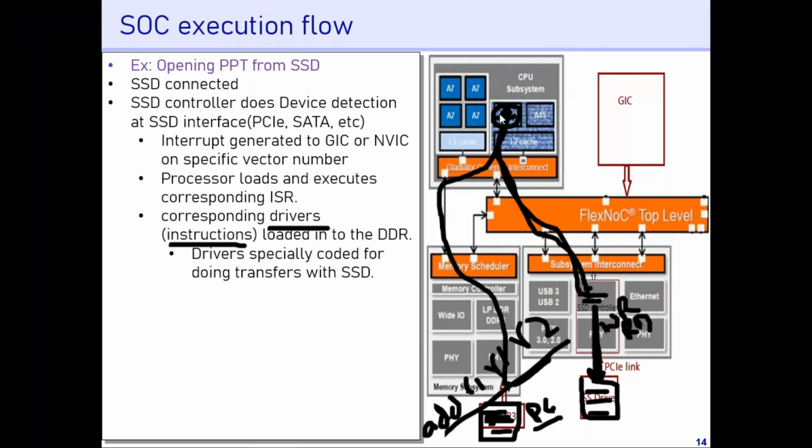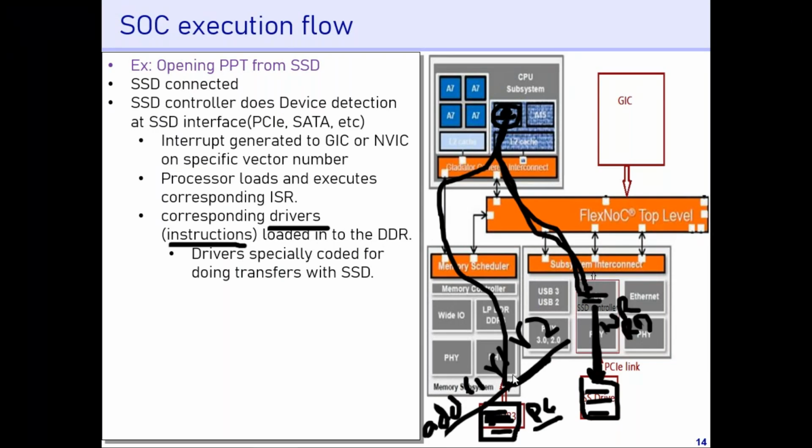So when that instruction goes as a hexadecimal code, the A15 processor decodes that 32-bit hexadecimal number and understands that I need to do add R1, R2. So it internally does it.